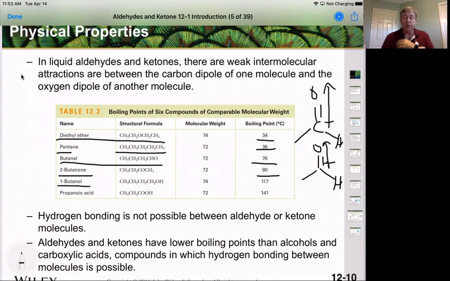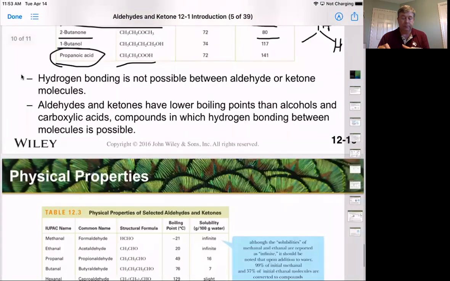Now, once we go to an alcohol here, now we have hydrogen bonding and the boiling point jumps again. So hydrogen bonding is stronger than our dipole-dipole interaction, but our dipole-dipole interaction is stronger than just our regular van der Waals interaction. Now, once we go up to the carboxylic acids, they hydrogen bond very strongly, and we see another jump in boiling point based on that hydrogen bonding.